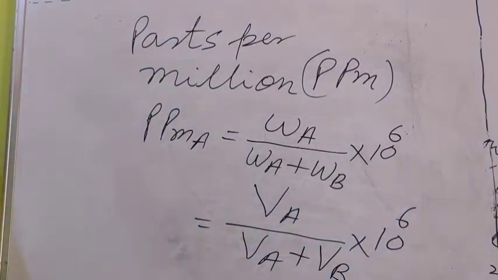So that is parts per million. So these all are the methods which are mostly used for the expression of the concentration of the solution.